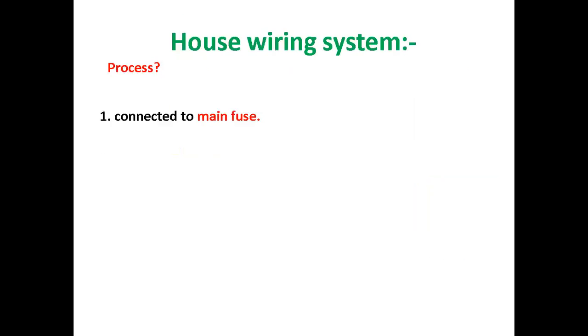Now, the process connected to the main fuse. The main fuse is also called the authority fuse. Authority means it cannot be maintained by ourselves. To maintain the main fuse, we should call an authorized electricity person from the electricity office.